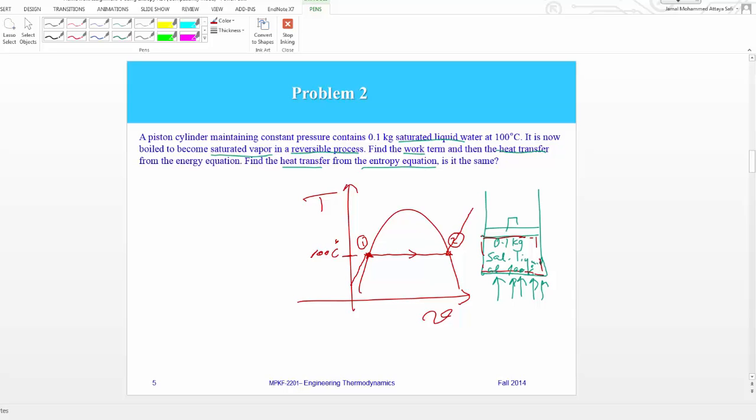We start at the start of the saturation dome and end at the saturated vapor line.